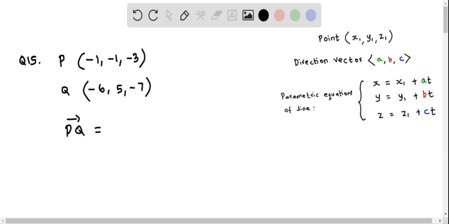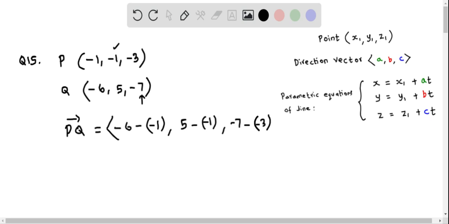By doing the subtraction, we start from this point Q. We do the corresponding subtraction: -6 minus negative 1, then for y, 5 minus negative 1, then for z, -7 minus negative 3. So we do the subtraction to get this PQ vector, and this vector we can consider as the V vector or the direction vector.